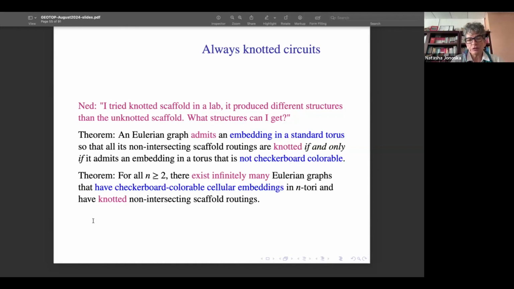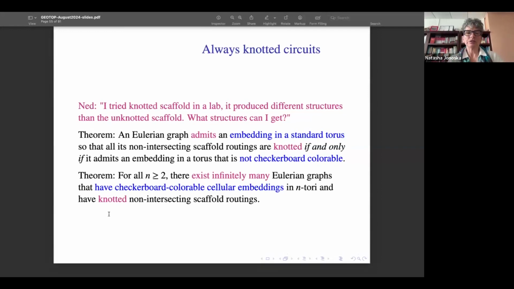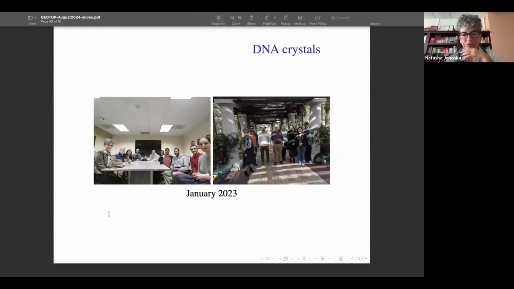So this was an interesting observation. There are lots of open questions that remained from this work. We are still working on it, but I just wanted to point out that a small question from the self-assembly turned out to be mathematically interesting.